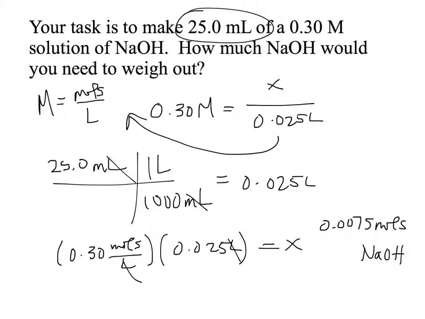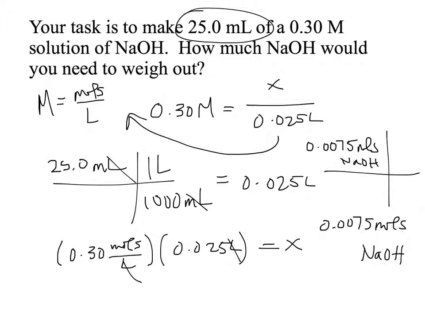But notice, I want to make this, so I need to weigh this stuff out on a balance. And unfortunately, there isn't anything such as a mole balance. They don't exist. I have to measure in grams. And so now I just have to use dimensional analysis and molar mass to convert those moles into grams. And so I'm going to start with 0.0075 moles of NaOH. I'm kind of running out of room here.